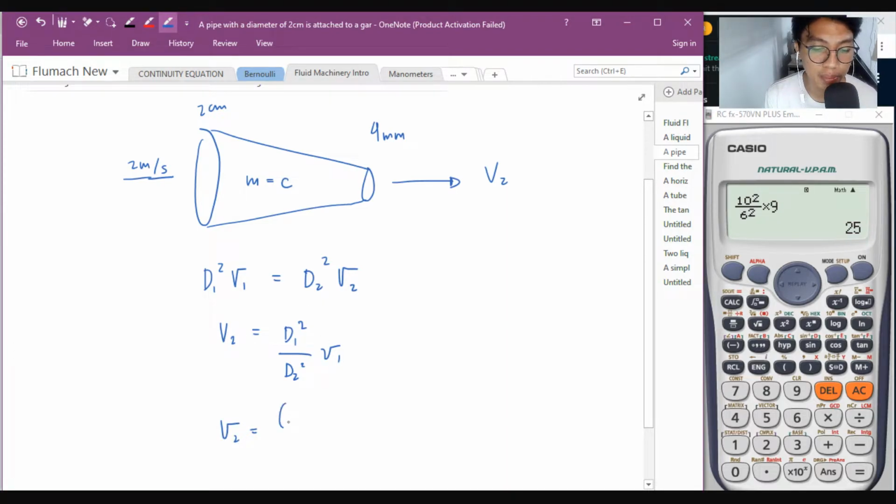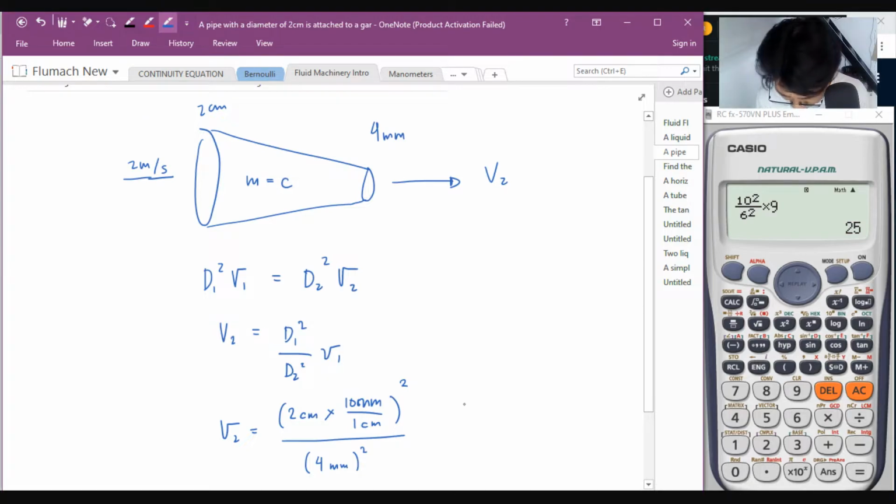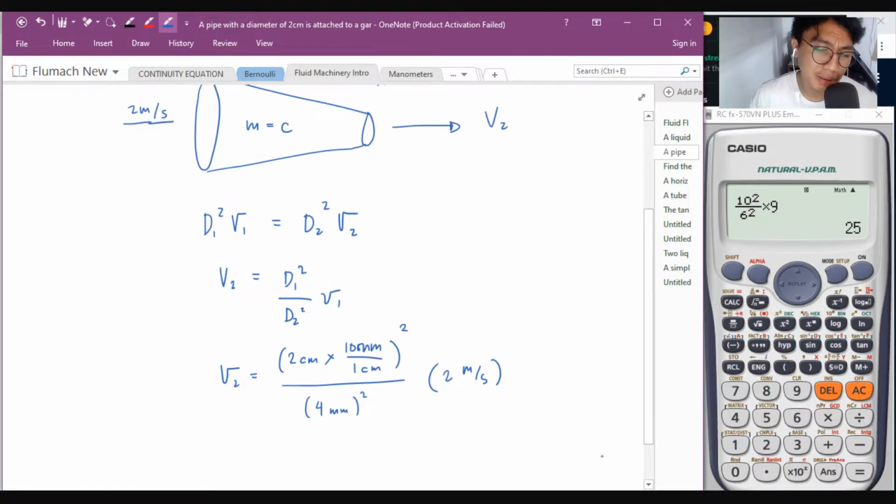Gawin na natin siyang millimeter. 2 cm times 10 mm per 1 cm, tapos squared natin, divided by 4 mm squared, multiplied to velocity which is 2 meters in every second. Now, calculate.